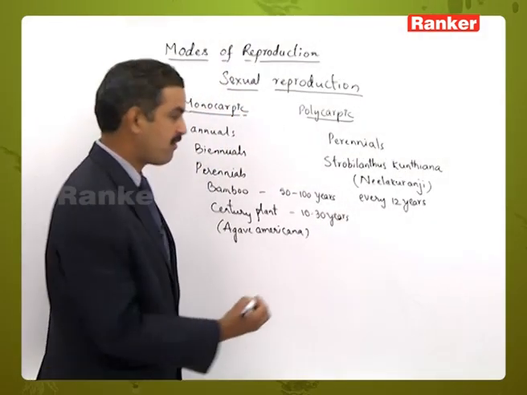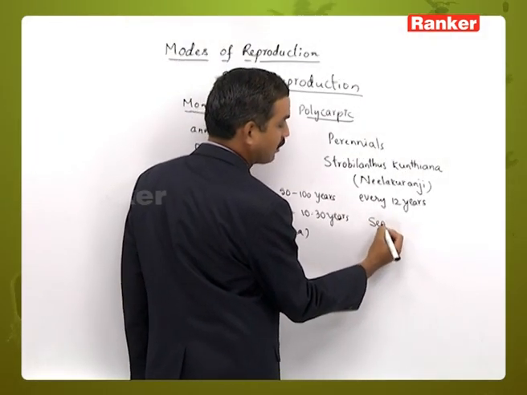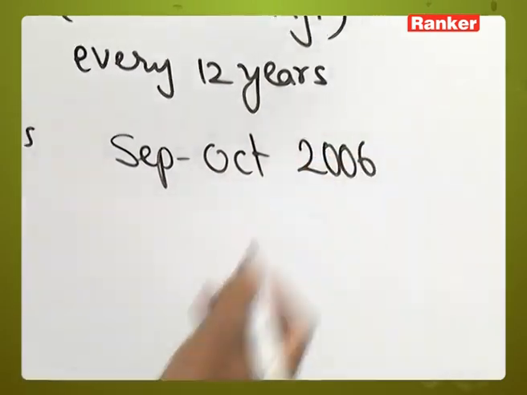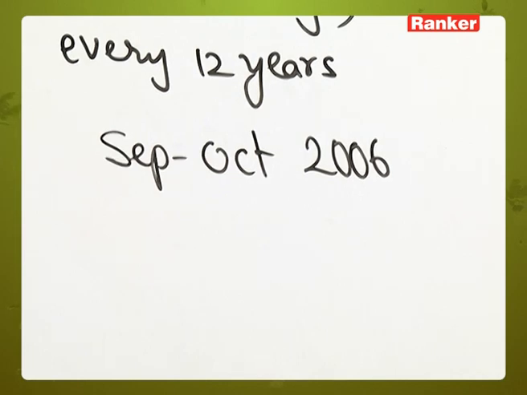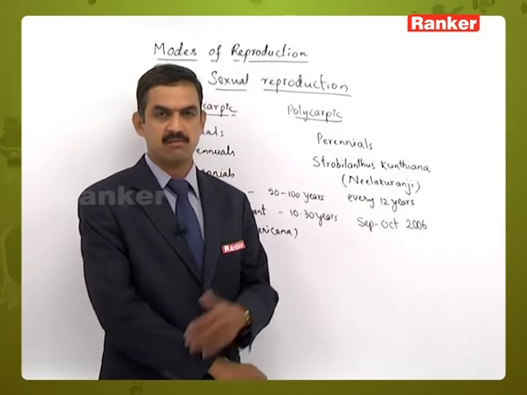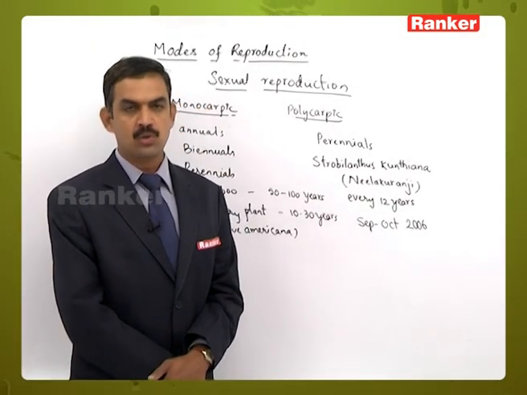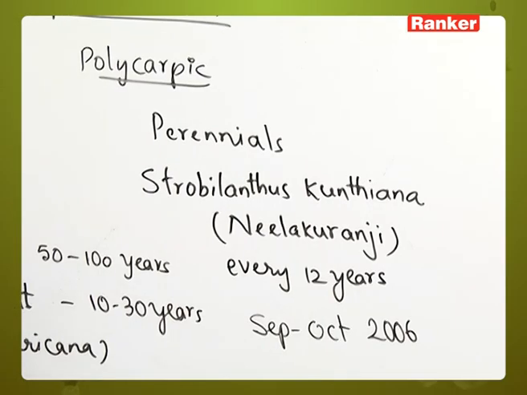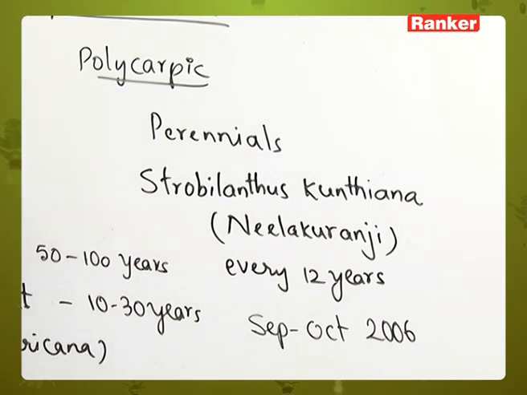Last time it had flowered in September, October 2006, and after 12 years once again it will flower. So it is flowering many times in its life cycle. So we consider this one of the examples for the polycarpic condition.